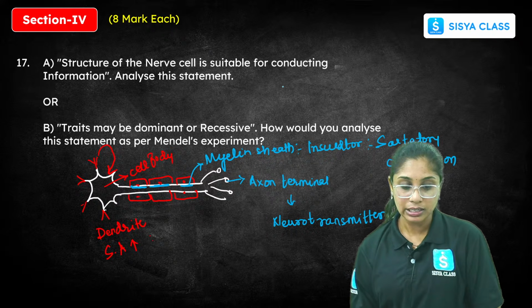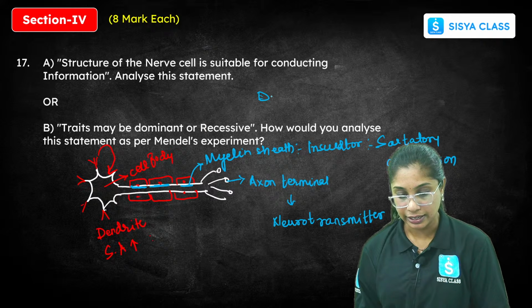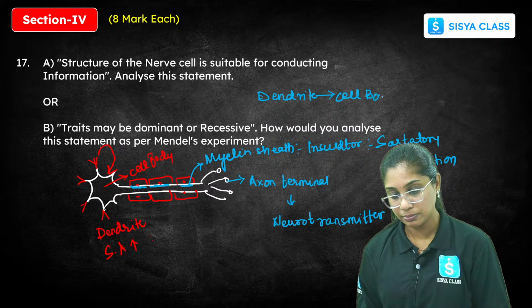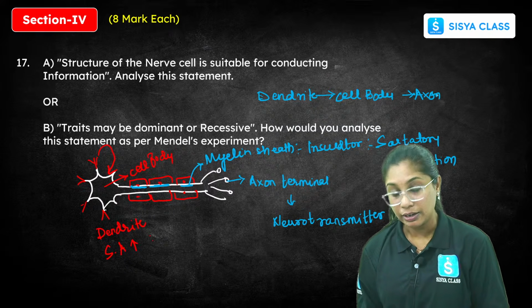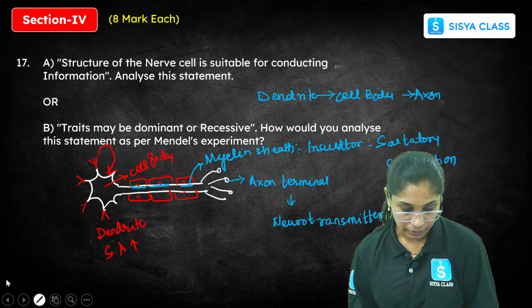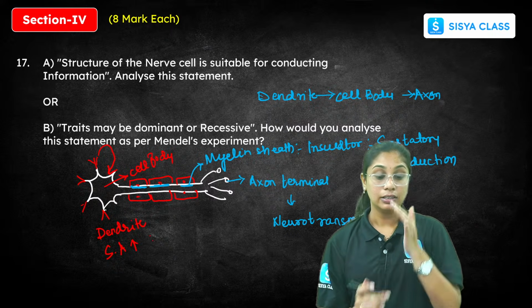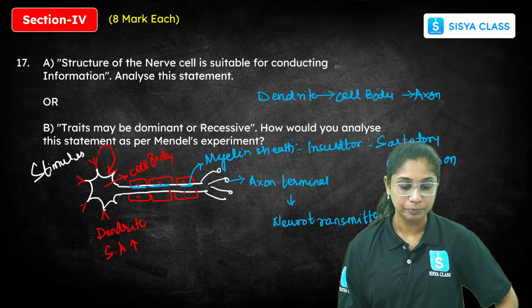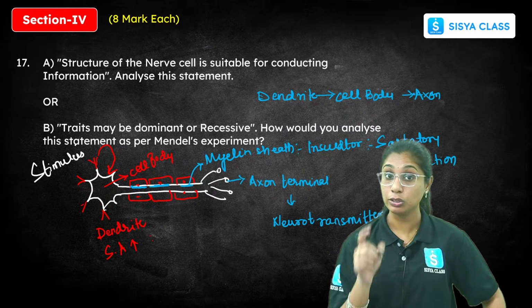It is from dendrite to cell body, from cell body to the axon. Now here you need to focus. The stimulus reached the dendrite in the form of chemicals from the neurotransmitter.